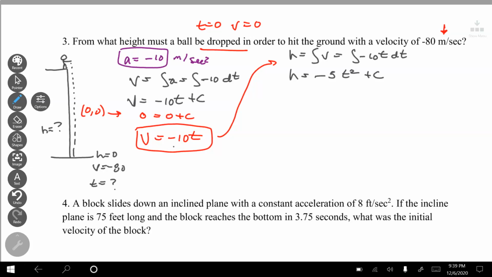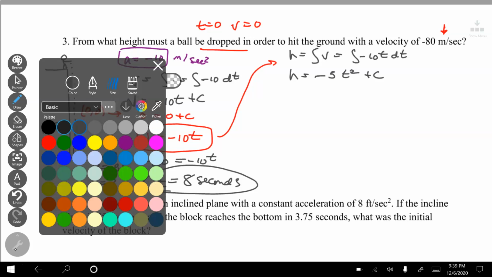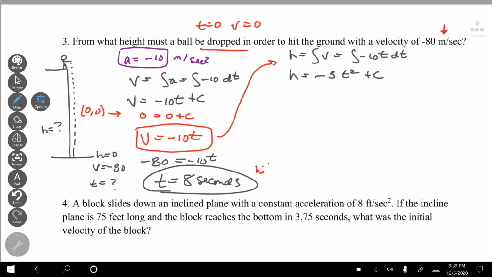Well, I need to figure out my time. I have negative 80 is equal to negative 10 times t, or t equals 8 seconds when it hits the ground. So I could come over here and figure out what I need.